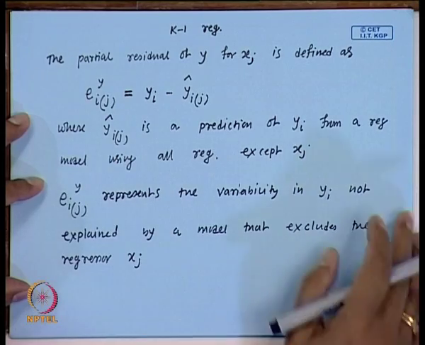So, that is the marginal role of xj in explaining the variability in the response variable y. Okay, this is what we mean by the marginal role of xj.